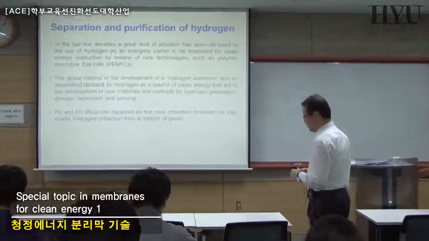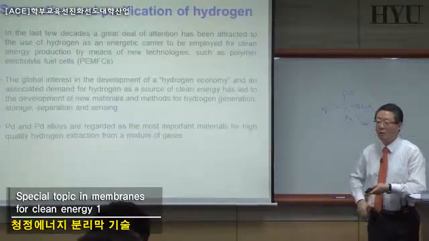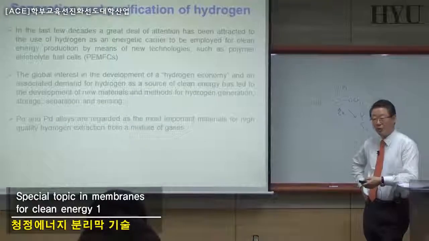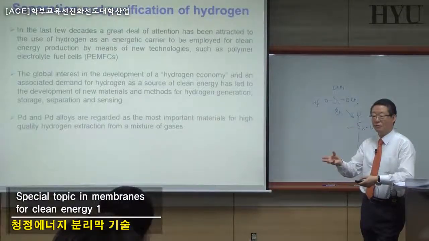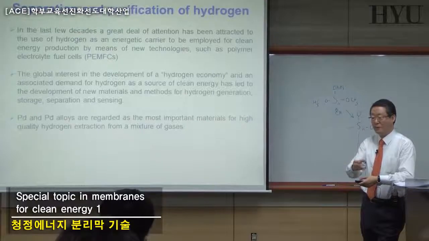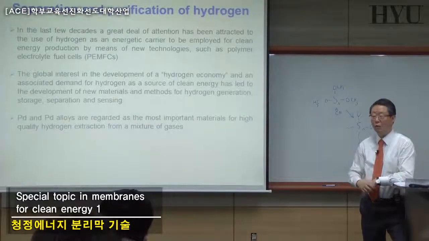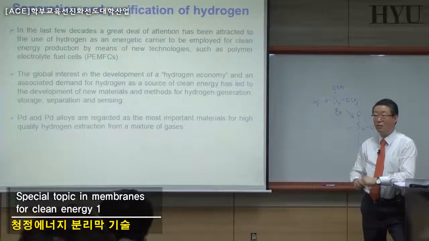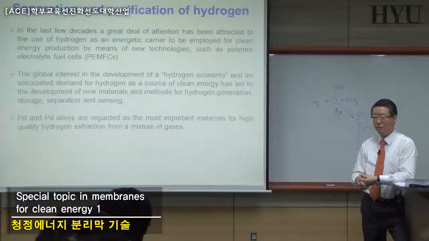When we separate the hydrogen from coal or from water, if you think about water, we have hydrogen and oxygen. If you have efficient energy to separate the hydrogen from oxygen, and your source of hydrogen is water, that is a much more efficient and versatile process, of course.